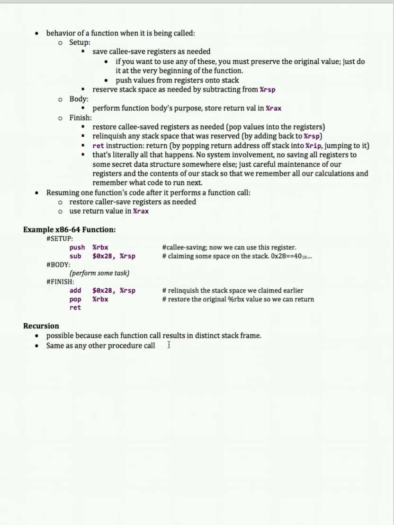There's nothing special about recursion, although recursion was treated specially when we learned C. However, from the assembly's point of view, recursion is the same as any other procedure call.